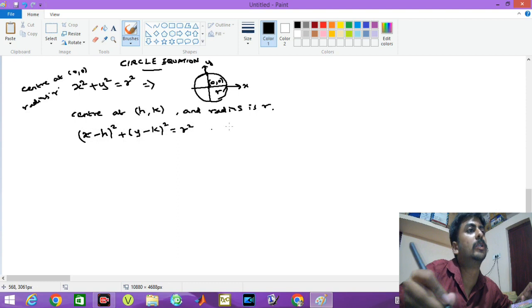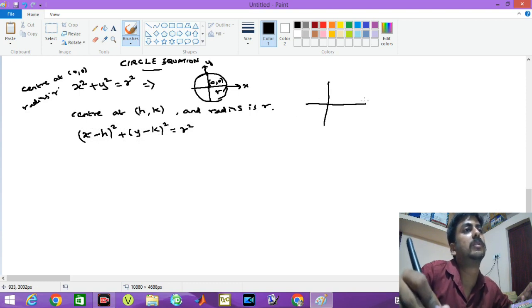So for this I will draw a circle. If this point denotes h and this point denotes k respectively in x, y coordinates, then the center will be here. The center is h, k.